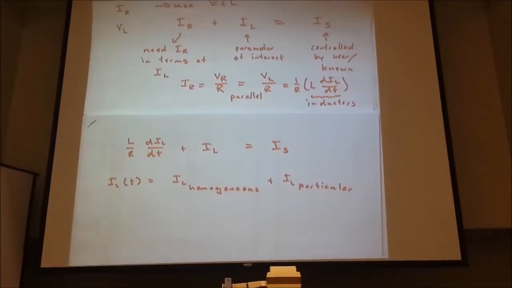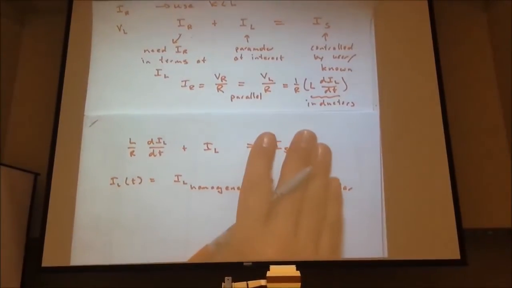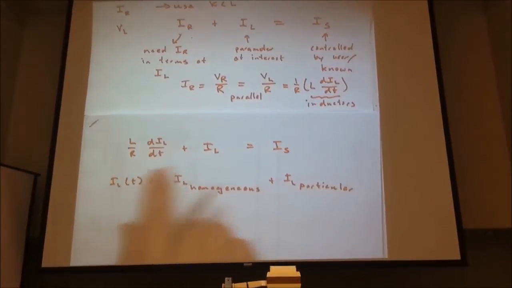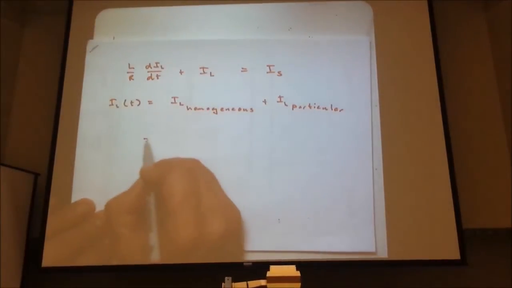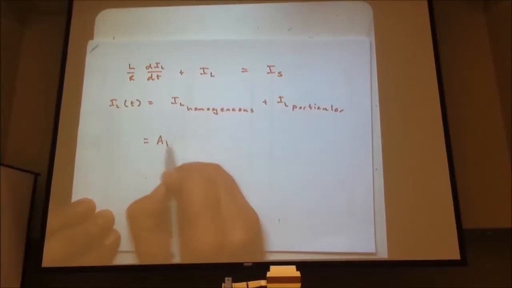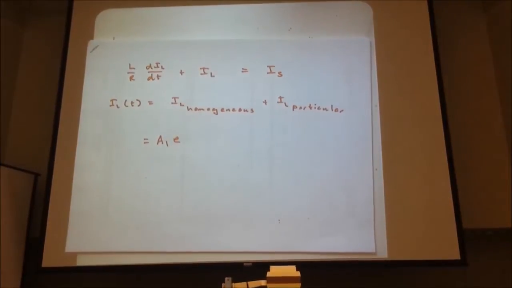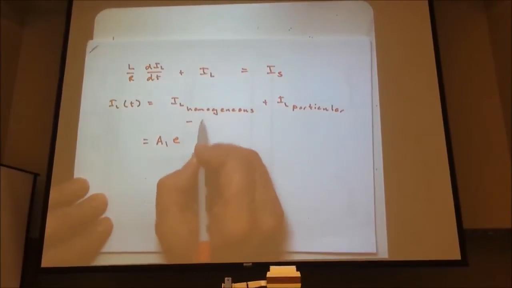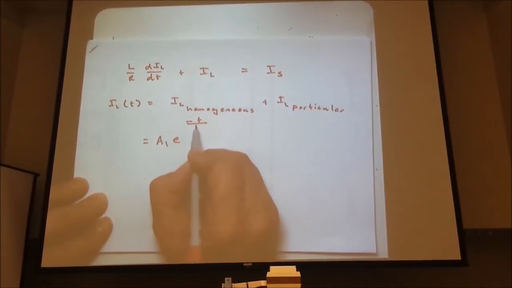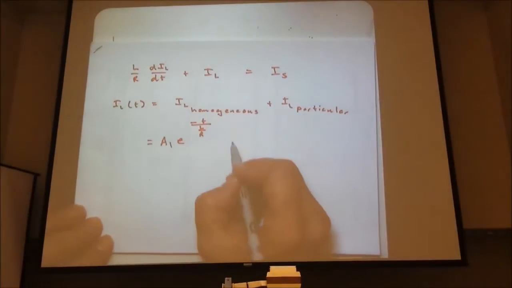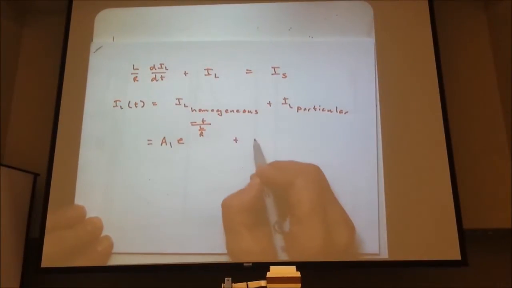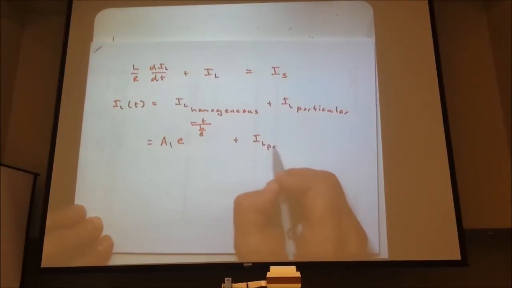And our homogeneous solution, when this is 0, is known. That's just some number. That's a first order differential equation. And so this is going to be A1 e to the minus, and now I have to think for a second to make sure I don't do this upside down, minus t L over R, plus IL particular, whatever that may be.